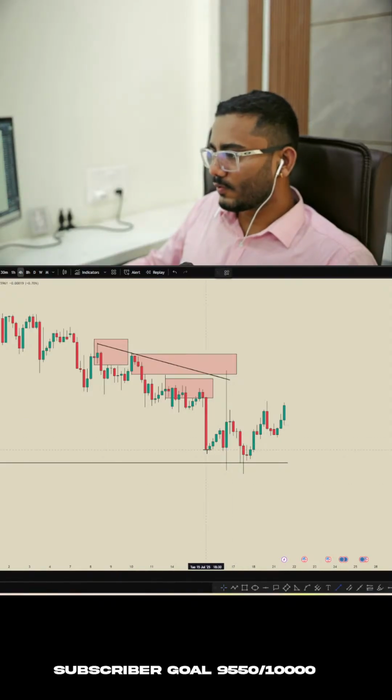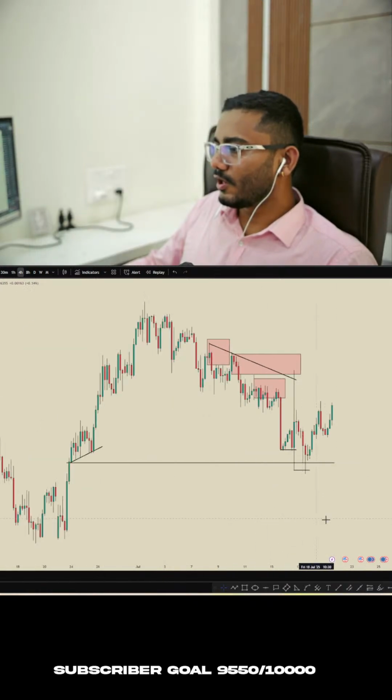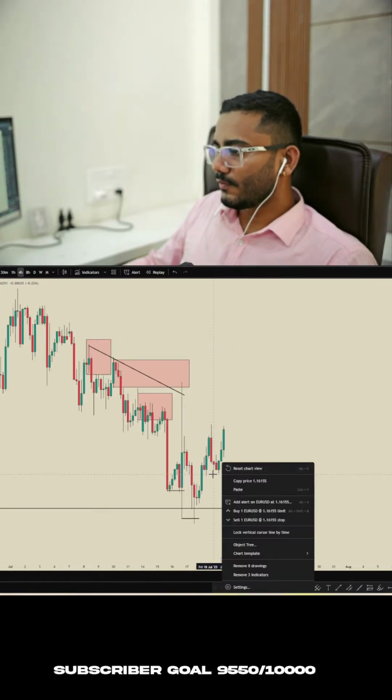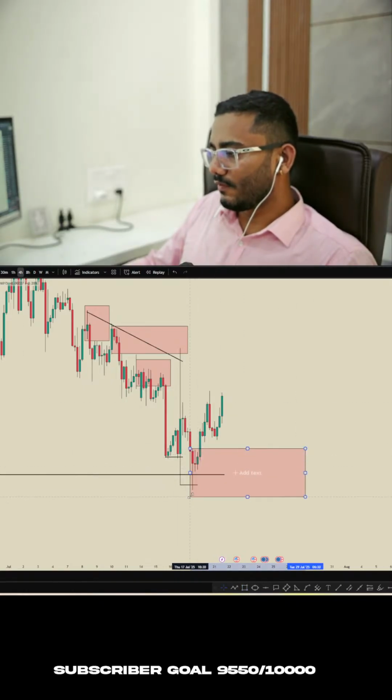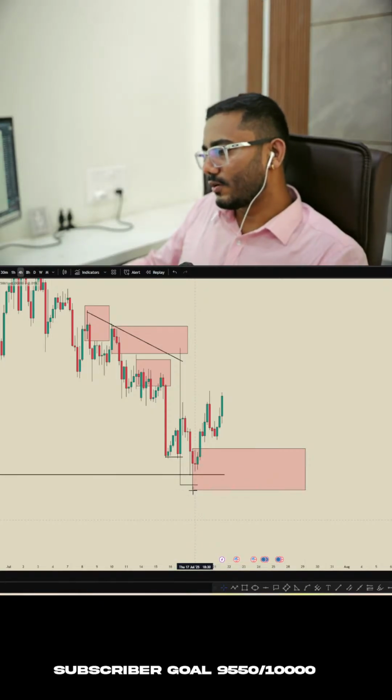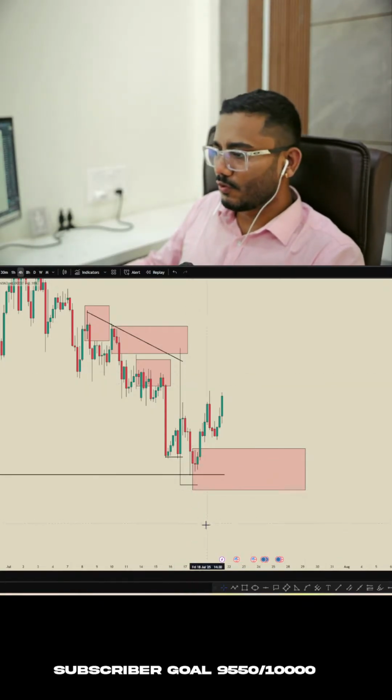Again, price swept out this previous low, and now it's continuing to the upside. So here, what we have to understand now is this is the candle which swept out the previous low. So here we still have this imbalance left, and price in future, not today, not tomorrow, maybe this week, next year, we don't know, this imbalance will be fulfilled.